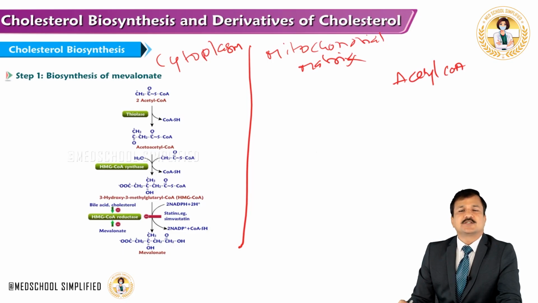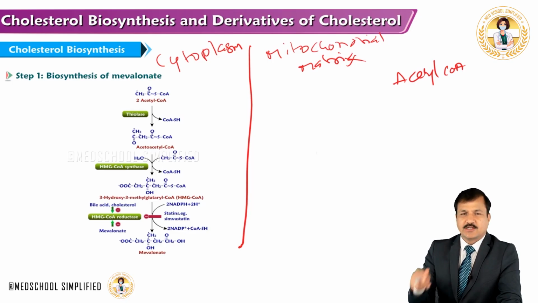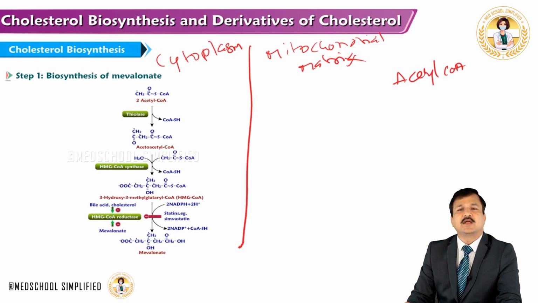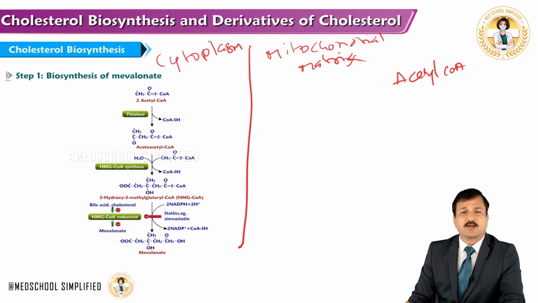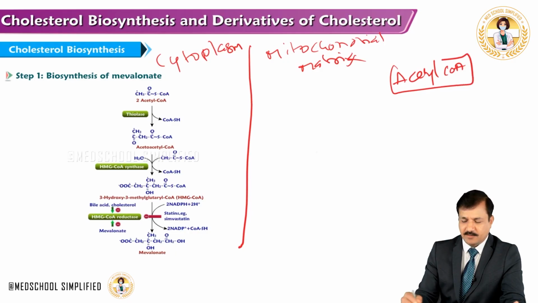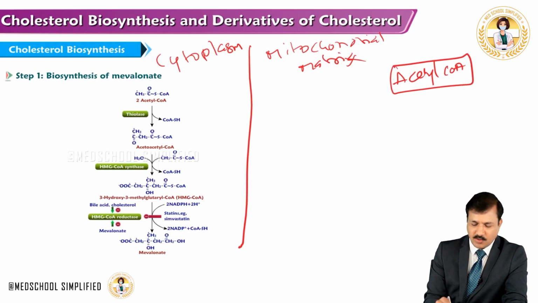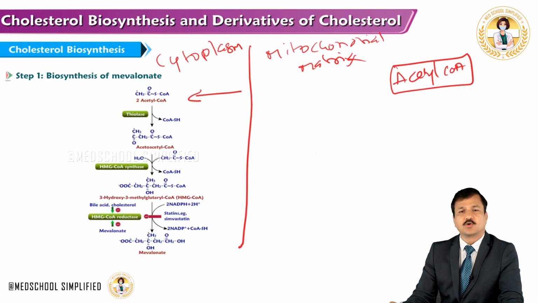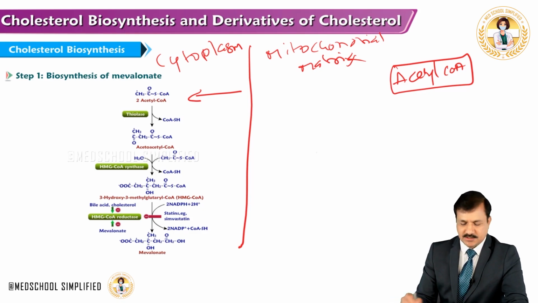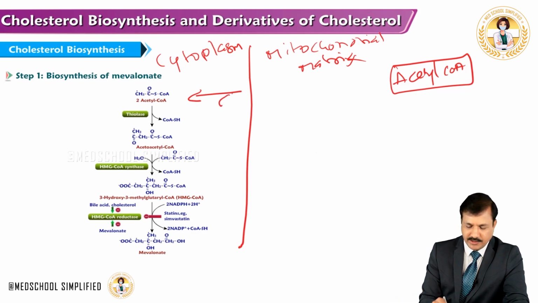Cholesterol biosynthesis is going on in the cytoplasm. So there is a barrier there, that is the inner mitochondrial membrane, and then we have the outer mitochondrial membrane, and then we have the cytoplasm. So how is acetyl-CoA, which is made in the mitochondrial matrix, going to move into the cytoplasm to go into cholesterol biosynthesis or fatty acid synthesis?